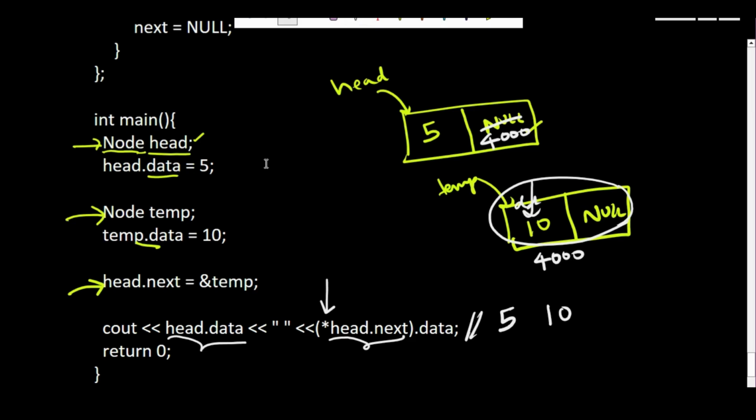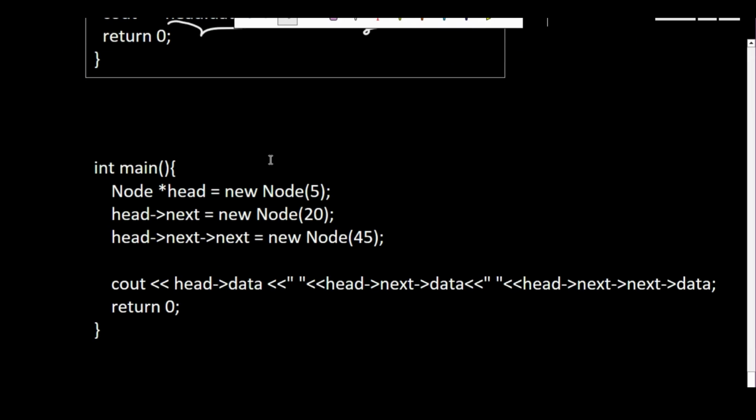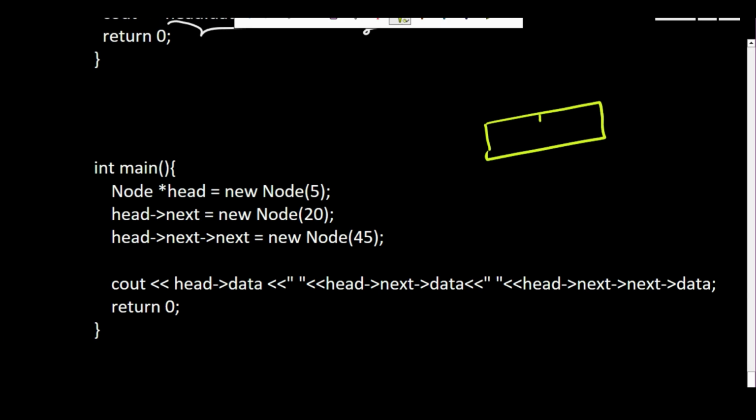So this might be looking very complex to you. To simplify that, we use another type of declaration. So we use a pointer. How this works is, suppose we are creating a new node. This line will create a new node with value 5 and next initialized as null.